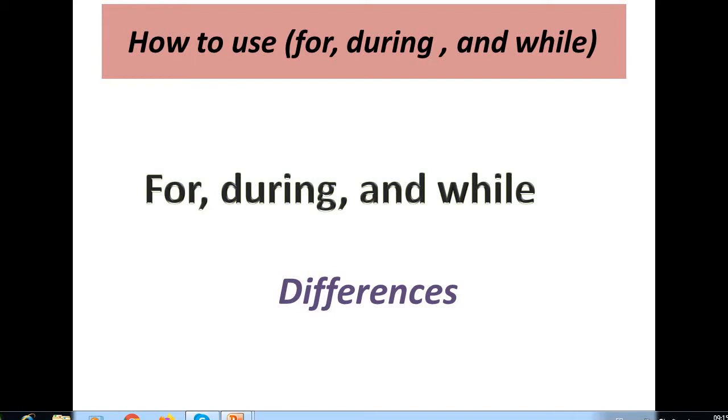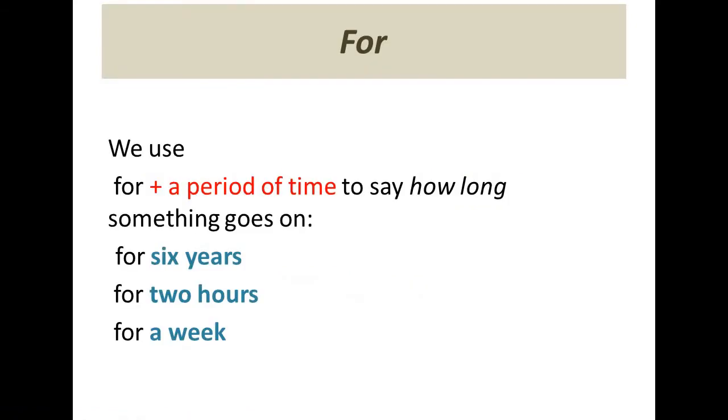To start with, the preposition for. For is a preposition which is used with a period to say how long something goes on. Here we have for 6 years.